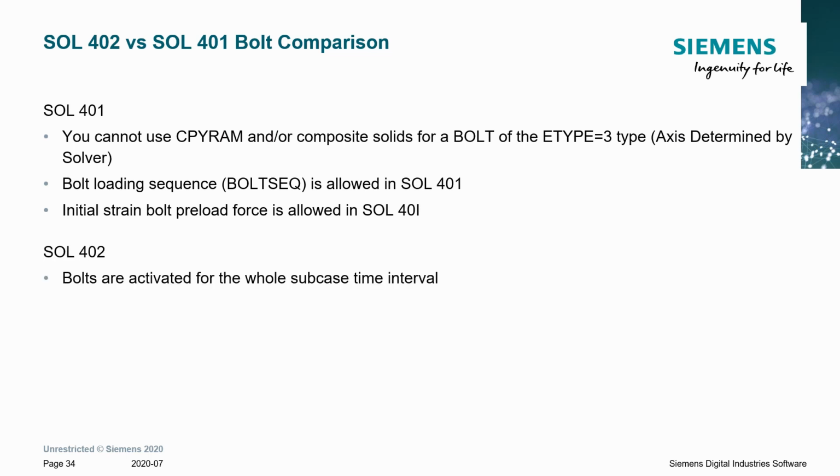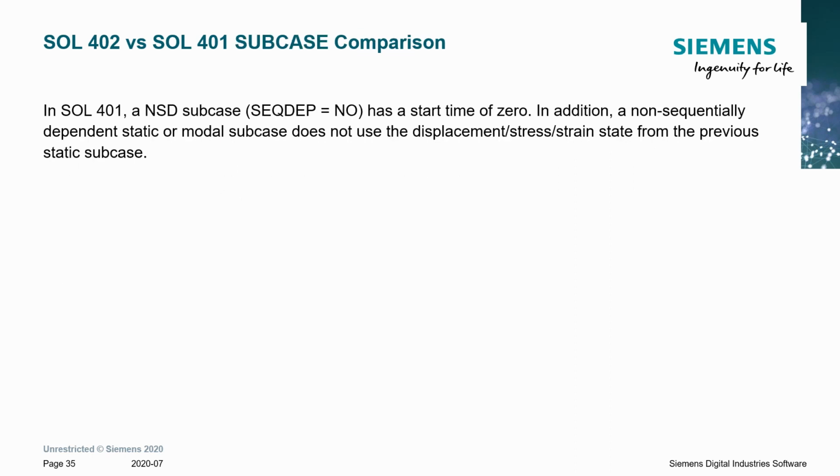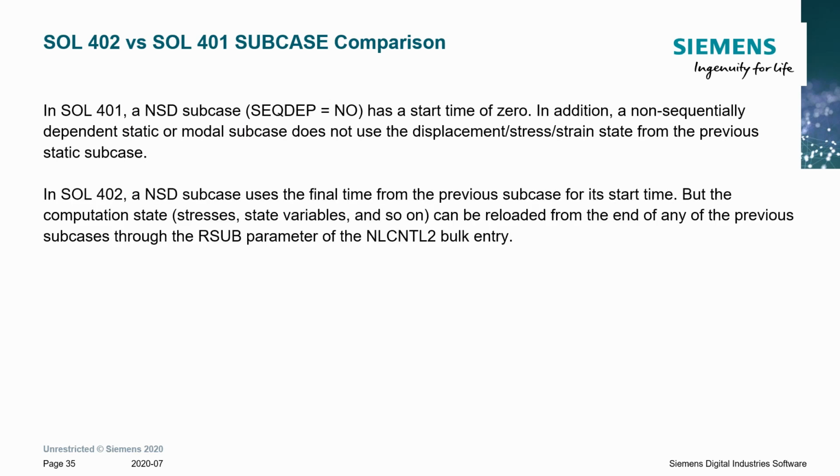Okay, 402 bolts are activated for the whole subcase time interval. And then in 401, the non-sequential subcase always has a start time of 0. And then the dependent static or modal subcase does not use the displacement, strain, or anything else from the previous static subcase.